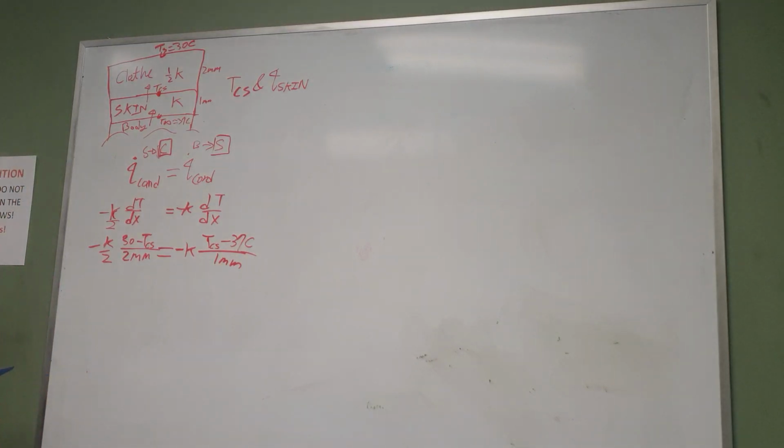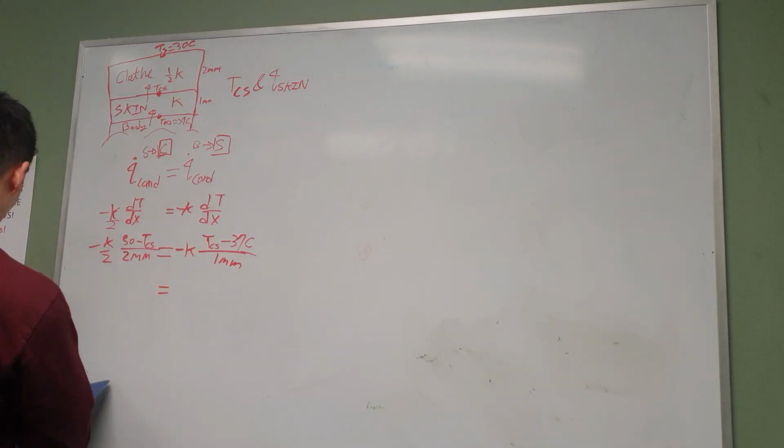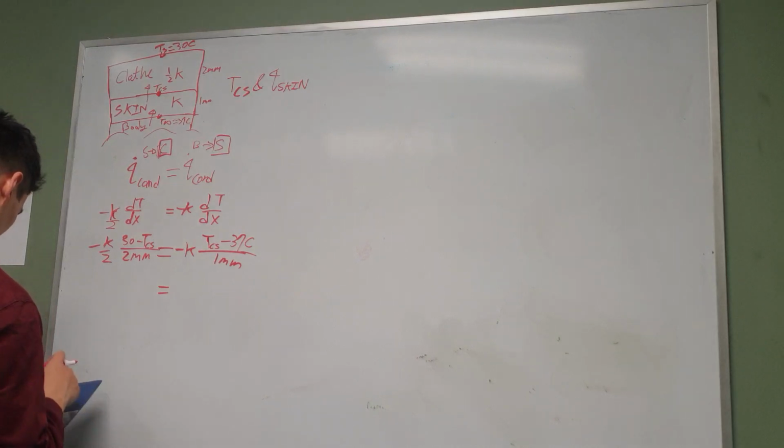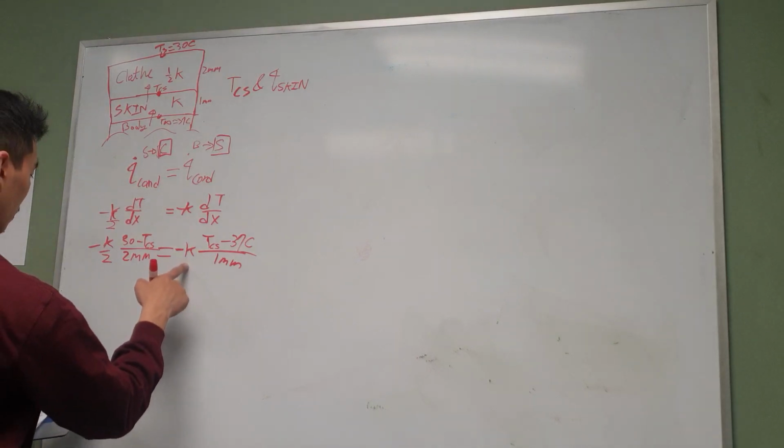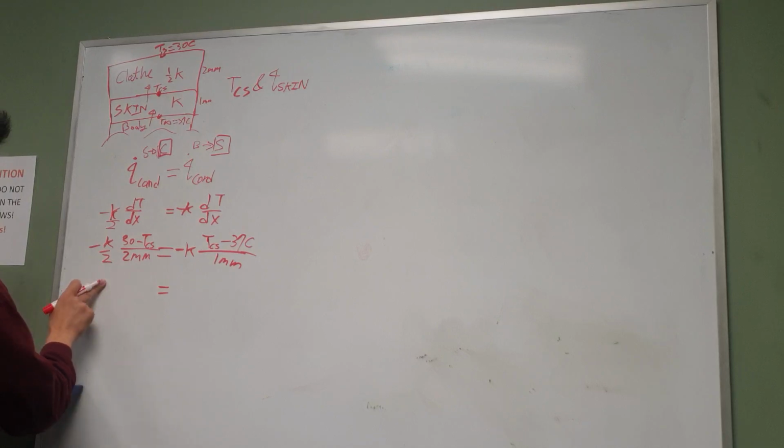And we can rearrange it to solve for TCS. So we're going to move it around a bit. Let's move K to the left, so the negative sign cancels out.